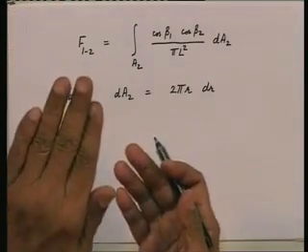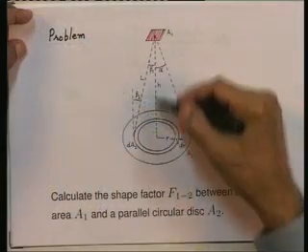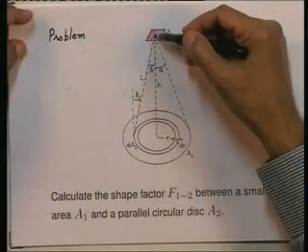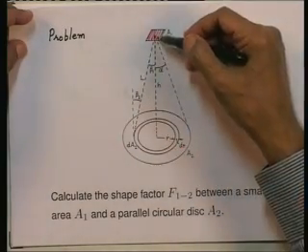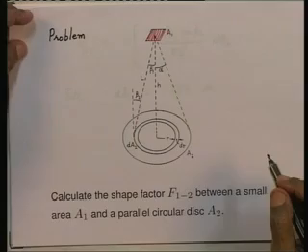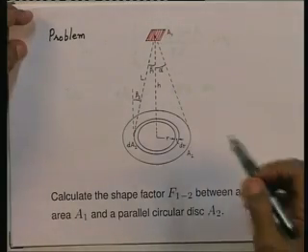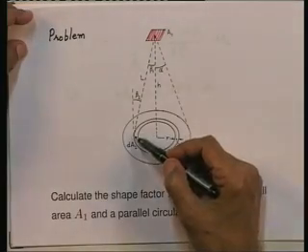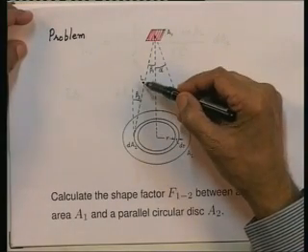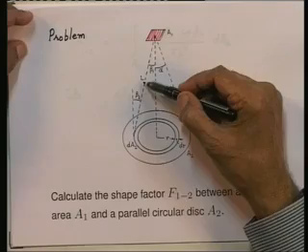I say the distance between the two surfaces is h and the semi vertex angle subtended by this circular disc at A1 is alpha. Now, using our nomenclature, if I join A1 to dA2, the distance between the two will be the capital L, which we have in our formula.